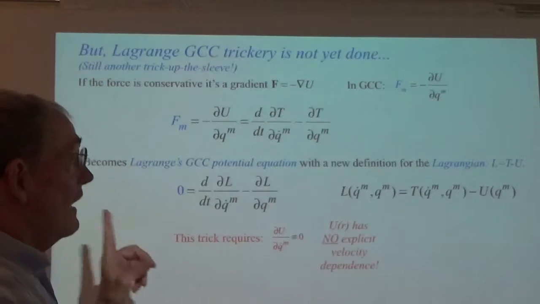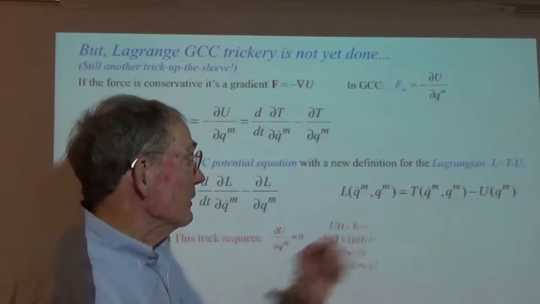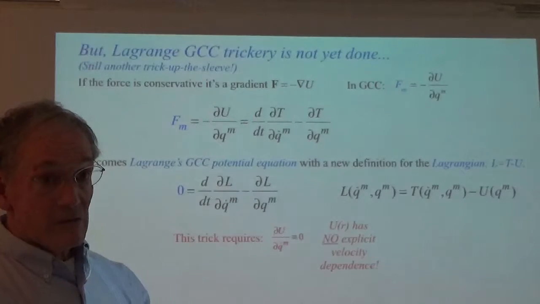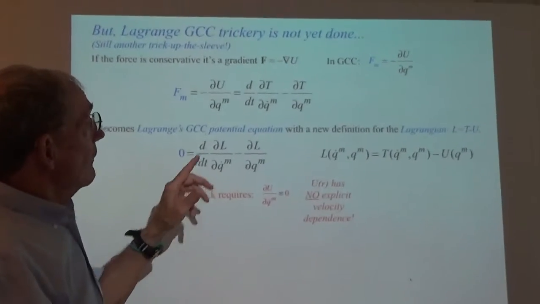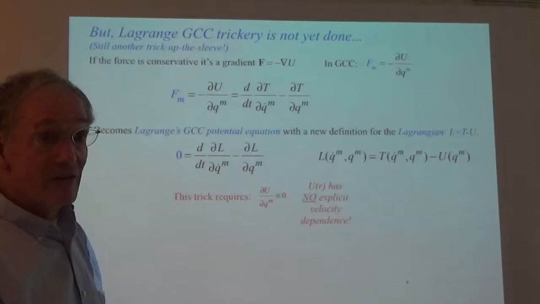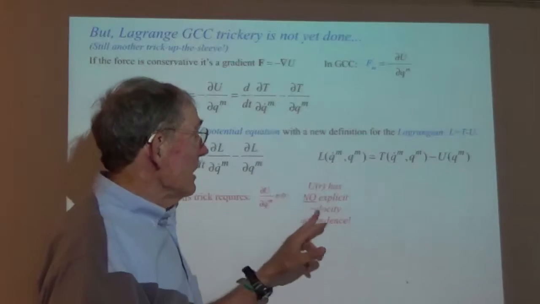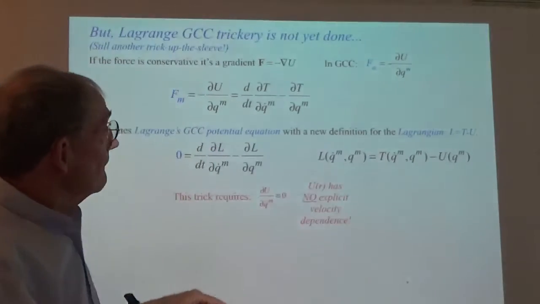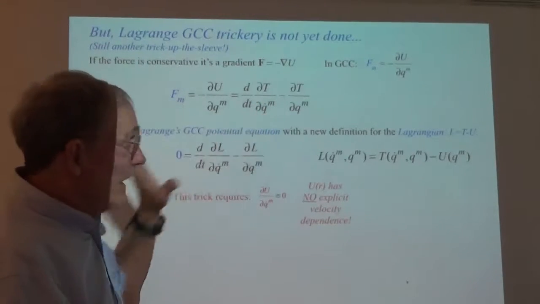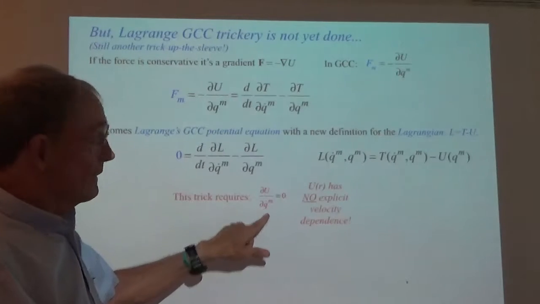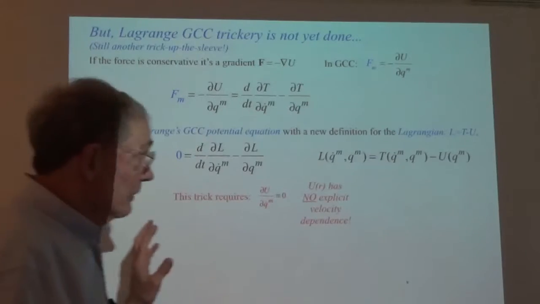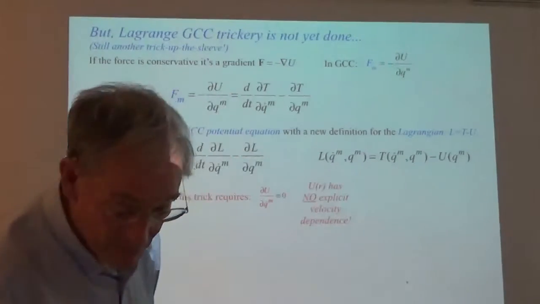But this trick requires that this thing called the potential has no explicit velocity dependence. In other words, I definitely want the time derivative of this thing not to matter, to be 0. I've got to get rid of any velocity dependence for this thing, so I don't want a partial derivative of U with respect to q dot. That has to be 0. That's the way we'll make this term not be hurt by defining L in this fashion.